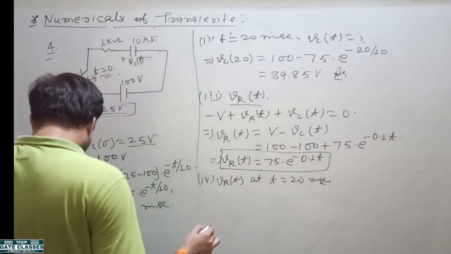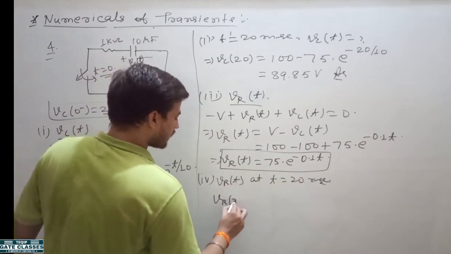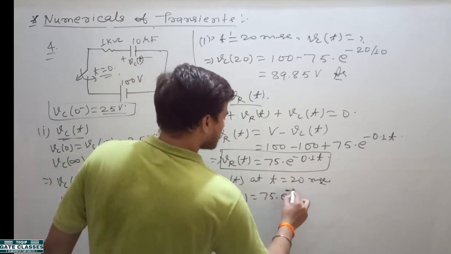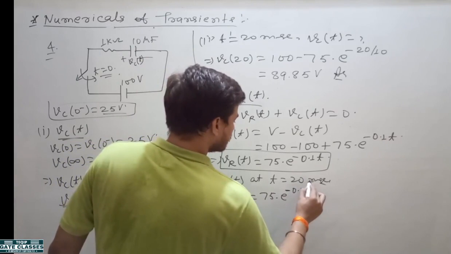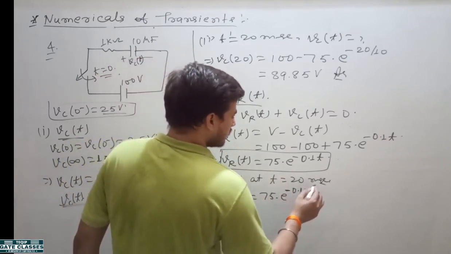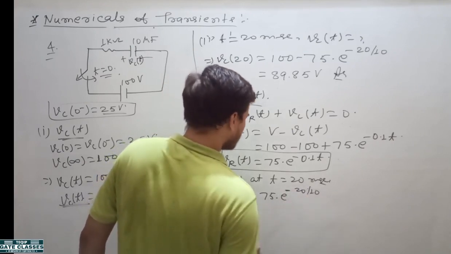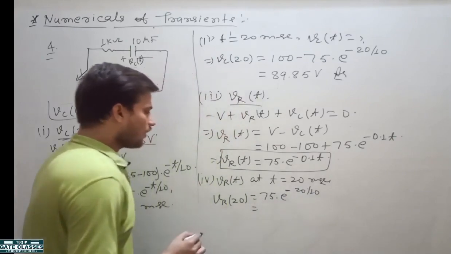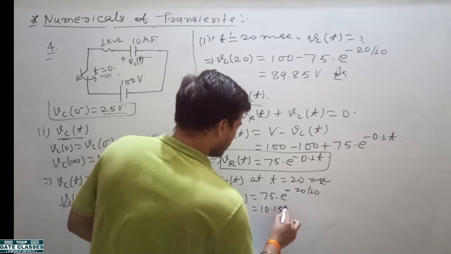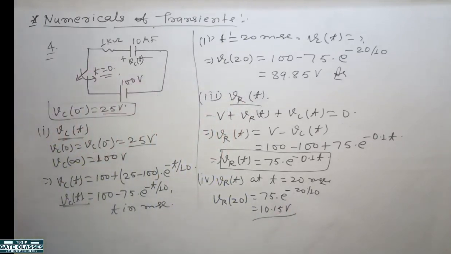So you write VR(20) will be equal to 75 into e to the power minus 0.1 into t, or you can write t by 10, that means 20 divided by 10. So here it is 10.15 volt.